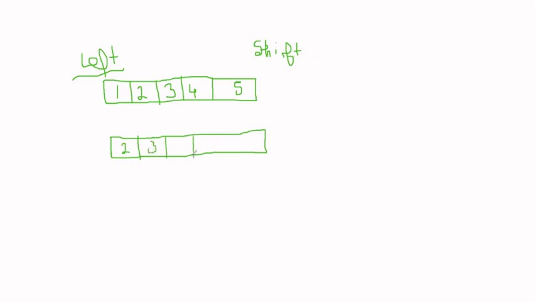At 3 it should be 4. At 4 it should be 5. And at 5 it should be 1, because from this position it will go to the end, since we are shifting one position left. Before the left there is no position in the array, so it will go at the end. So I think left shift is clear to everyone.